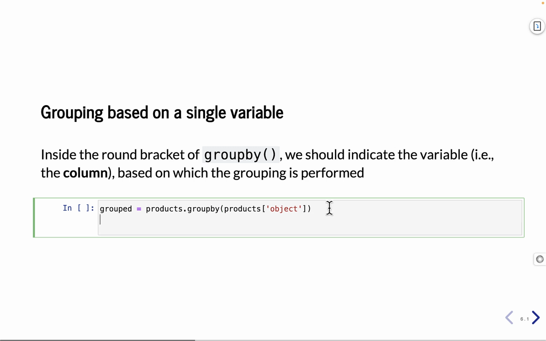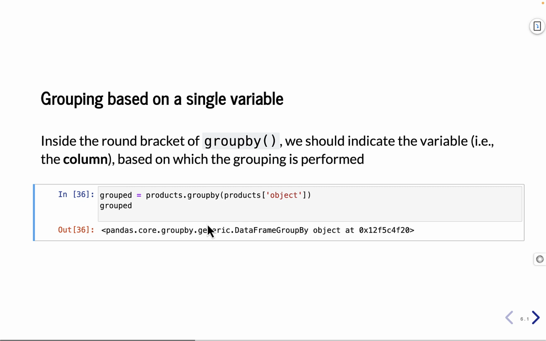And then what we can do is to quickly look at this grouped variable that contains our result. The grouping operation is successfully done. However, the result variable grouped is not very intuitive to understand. So if we look at the type of this variable grouped, it tells you is some kind of data type called data frame group by, right?